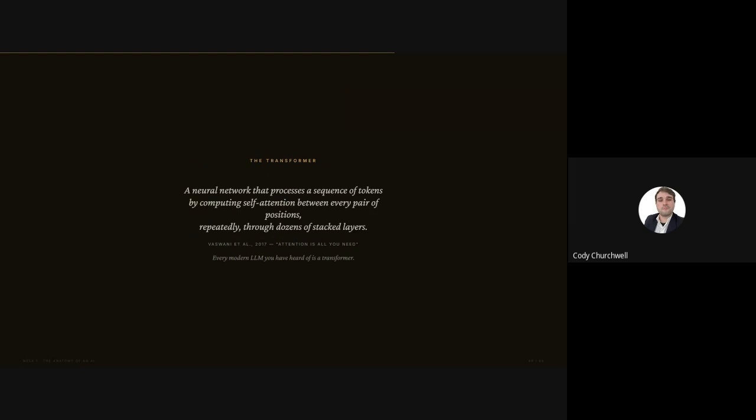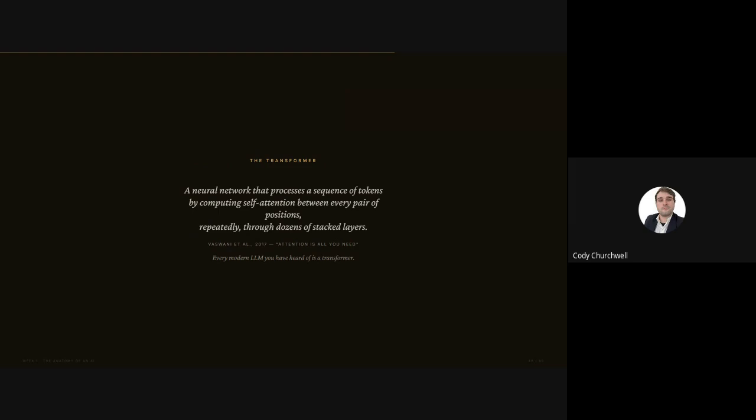From his book, the Kitab al-Jabr, we get the word algebra. He carried the Indian decimal positional system westward, including the concept of zero. Without zero, no binary. Without binary, no computation. The model running on your laptop tonight is a direct, unbroken descendant of his Baghdad workshop. 1,200 years. There is no break in the lineage.